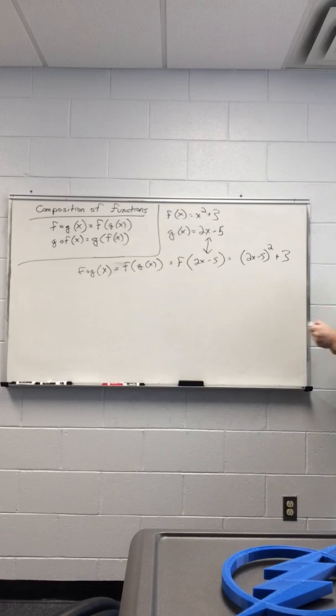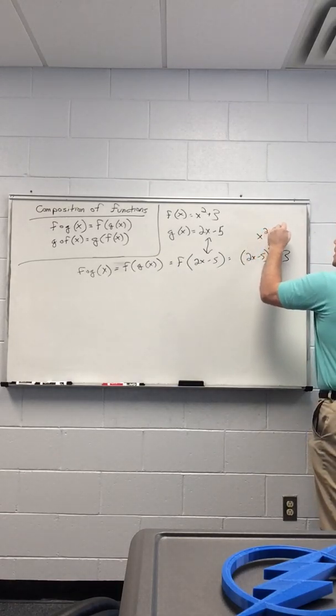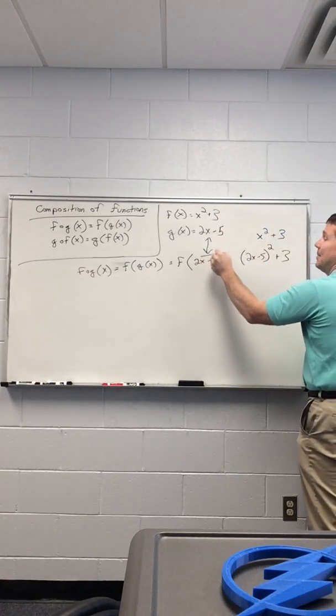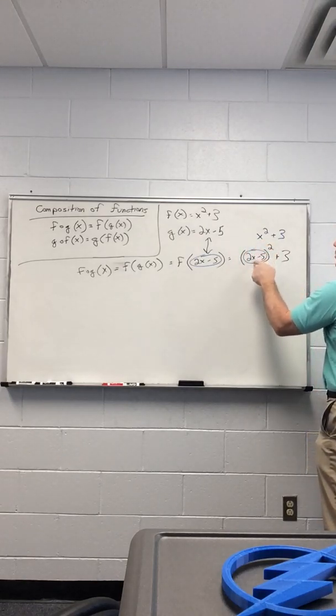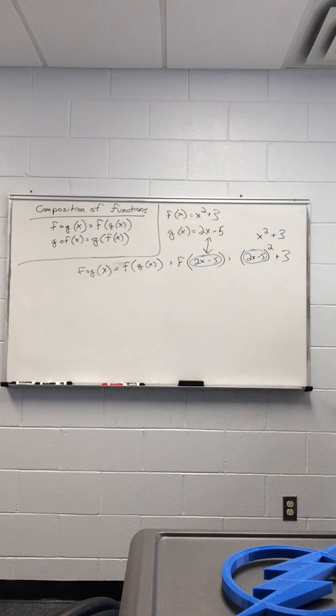And again, you just kind of have to get your brain to see this is really x squared plus 3. But my x this time is 2x minus 5. So I replace the x with 2x minus 5. But everything else is identical. If you want, I'm not going to take the time here, you could FOIL this out and then combine like terms. For this, I'll just leave it like that.